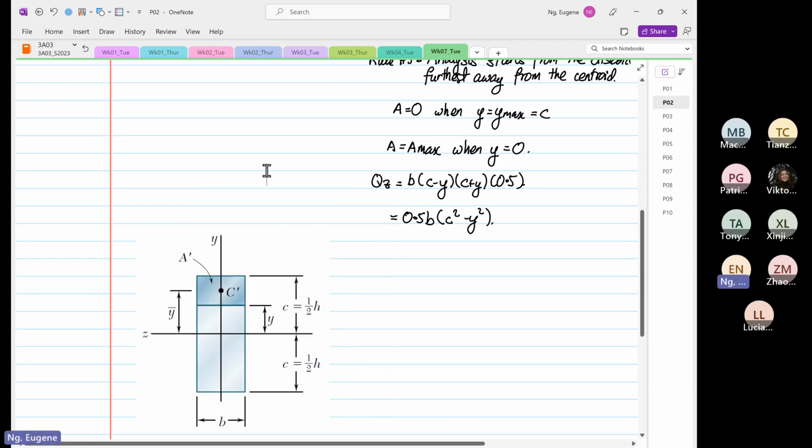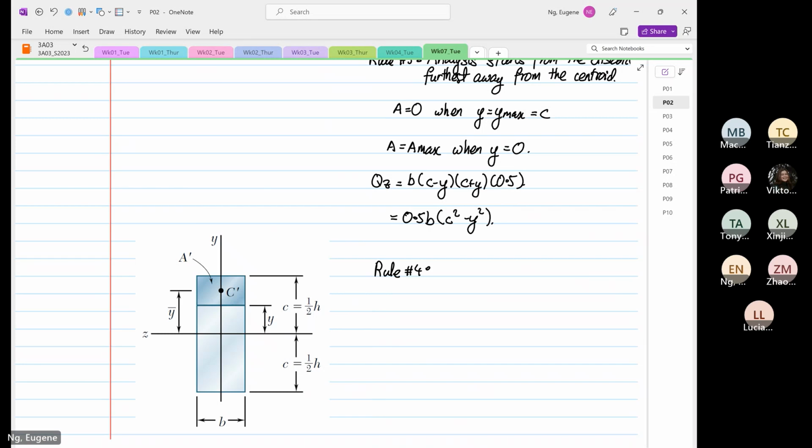Rule number 4 is that the first moment of area for a solid structure cannot cross over its centroid.